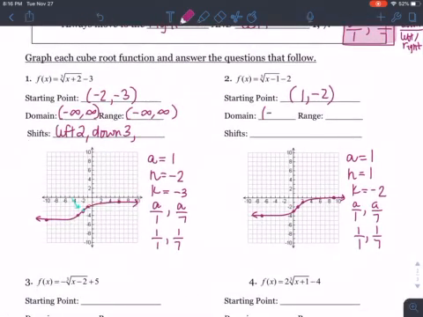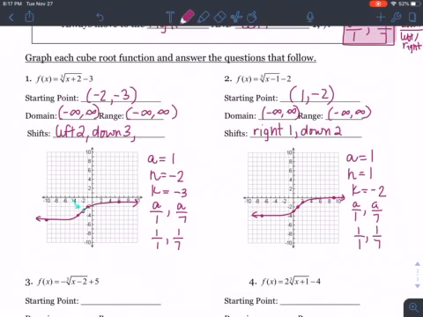My domain, negative infinity to infinity. My range, negative infinity to infinity. My shifts are going to be right 1, down 2. There is no reflection over the x-axis because A is not negative, and no vertical stretch or shrink.